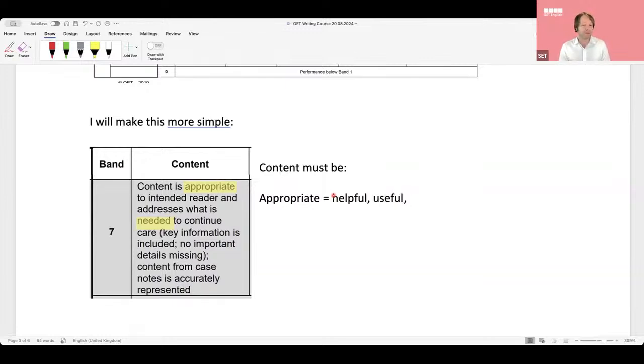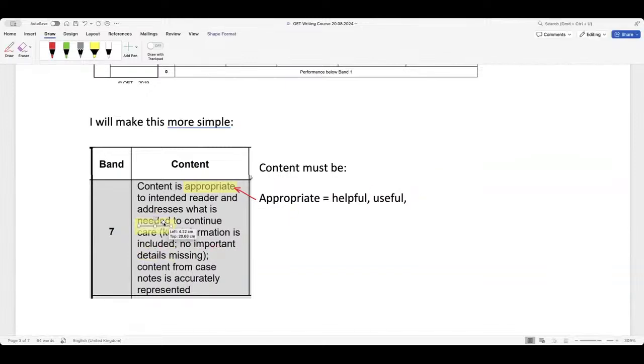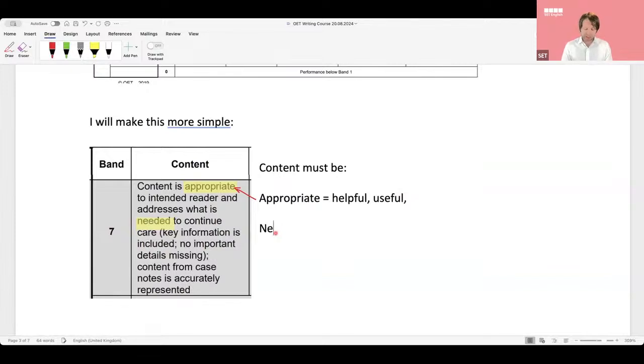Anything else? Good to know for the reader. Needed is different. I want to say that these are different things, okay? Needed is essential. Needed equals essential, okay? Appropriate is not the same as needed. They are two different things, okay?